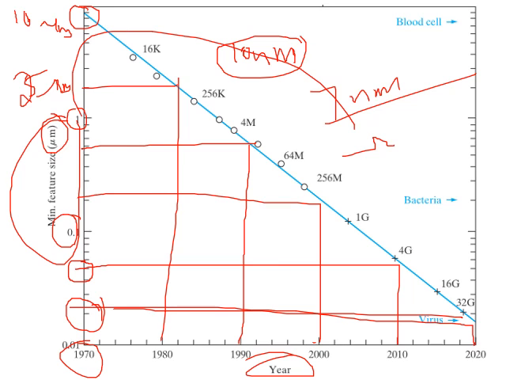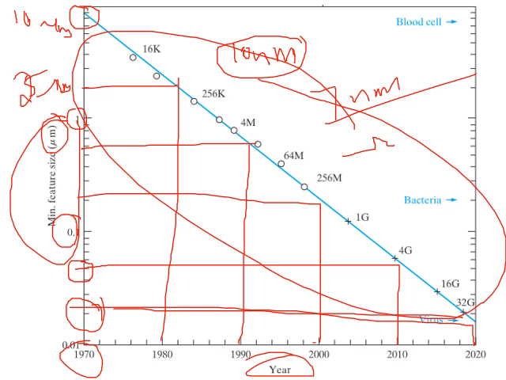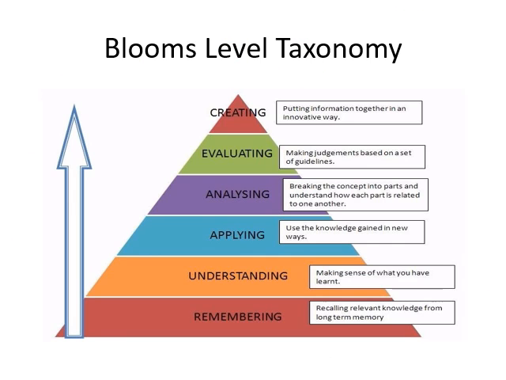So this graph is telling how the transistor size has decreased, and Moore's graph was telling how the number of components has increased year by year. Understood? Okay. So we are at the understanding level in Bloom's taxonomy.